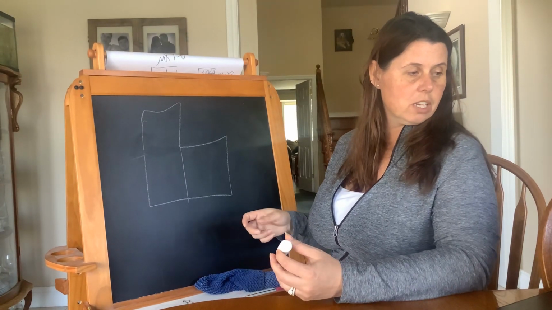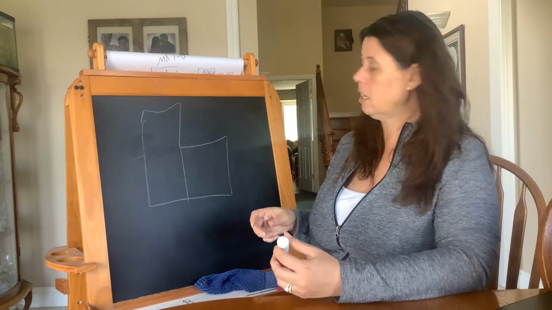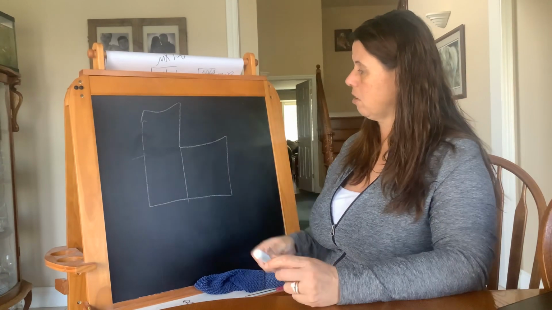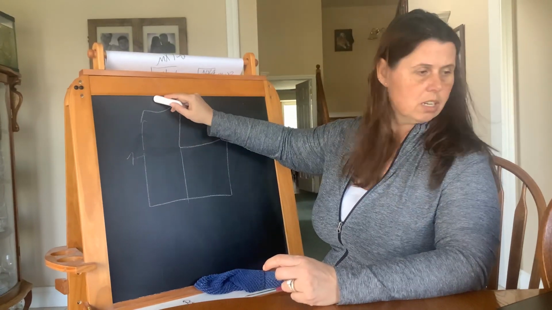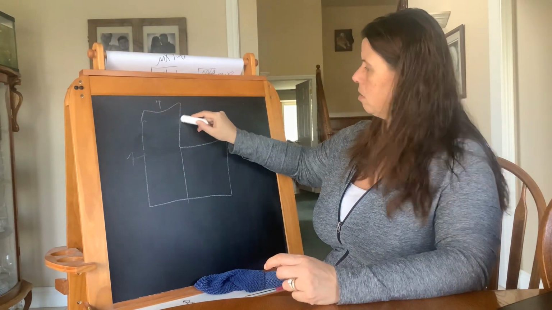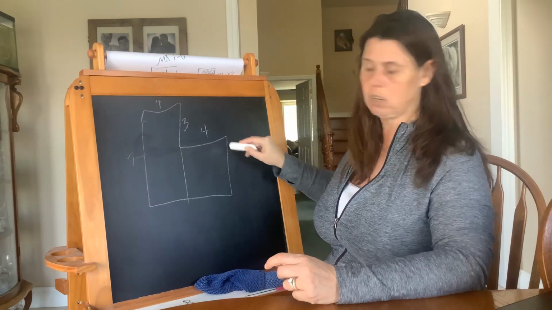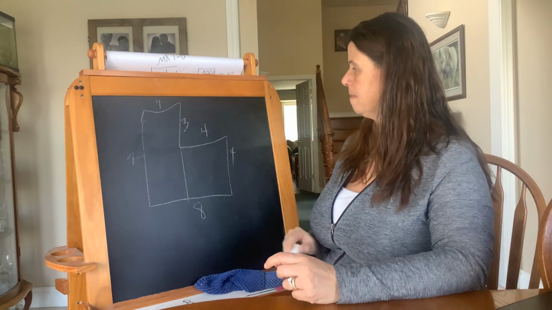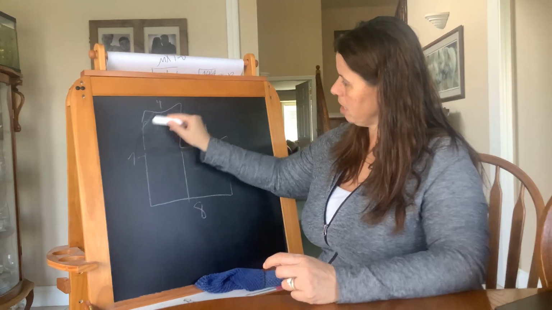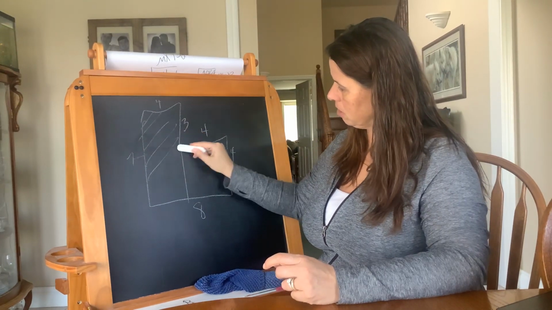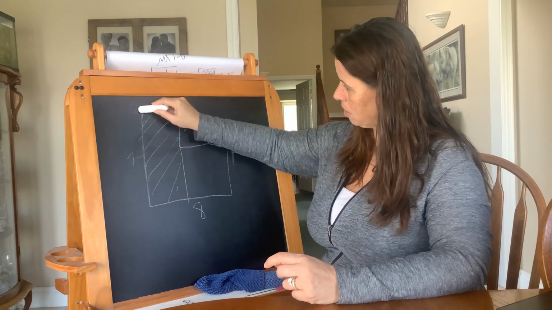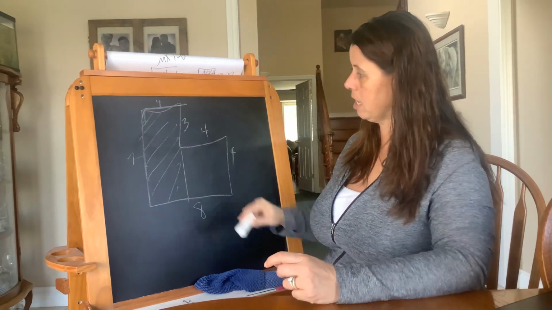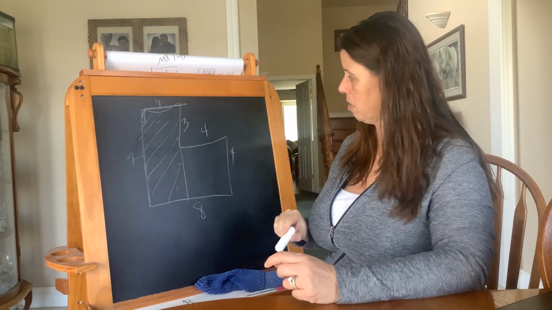And then they ask you to figure out the area. So this one's 7, this is 4, 3, 4, 4, 8. So if I'm trying to figure out the area of this rectangle, I know the length, I know the width. So I can easily figure that out, length times width.